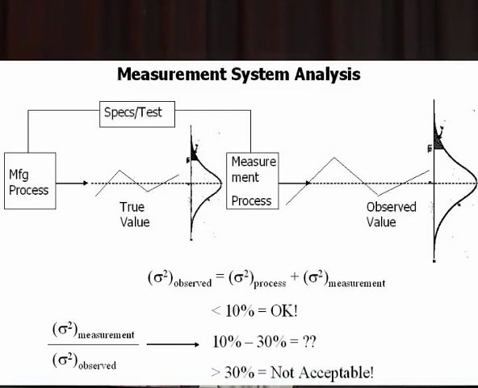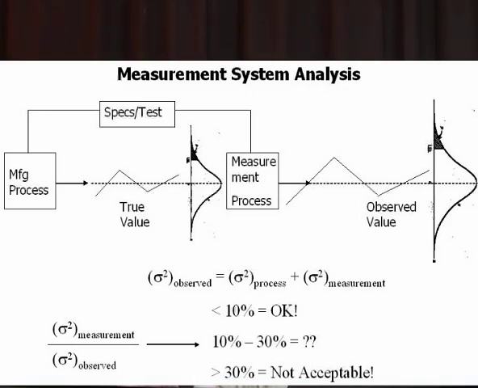Now here we see there are 5 measurements taken, and there is a certain variability in that set of measurements. When it comes out from the measurement system, the value that is observed by the measurement system is plotted against the nominal value.